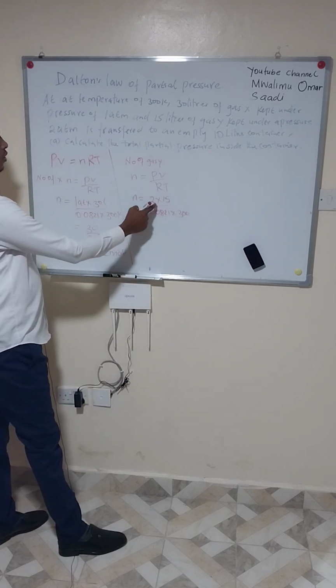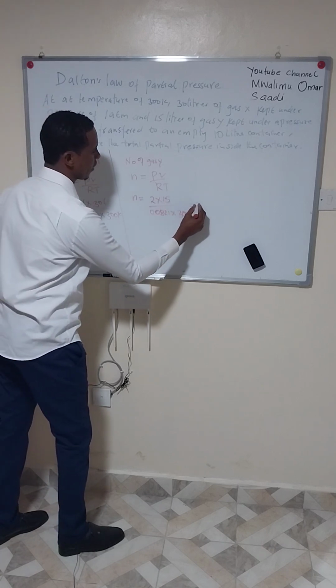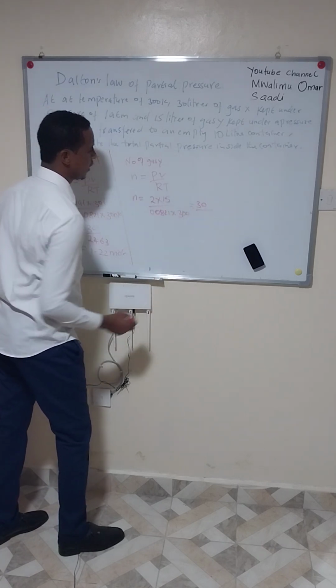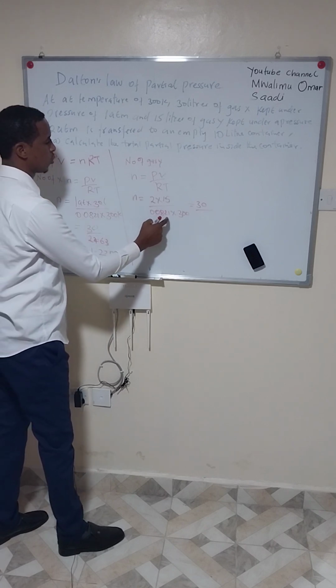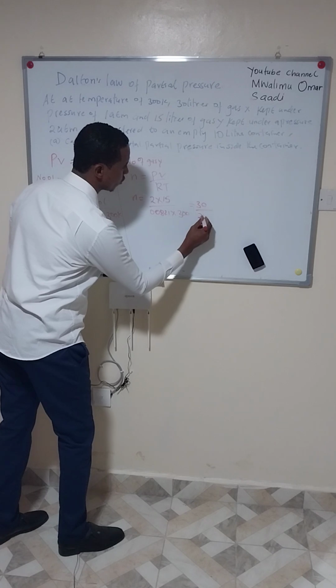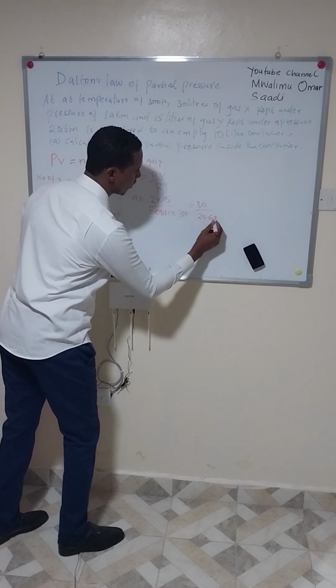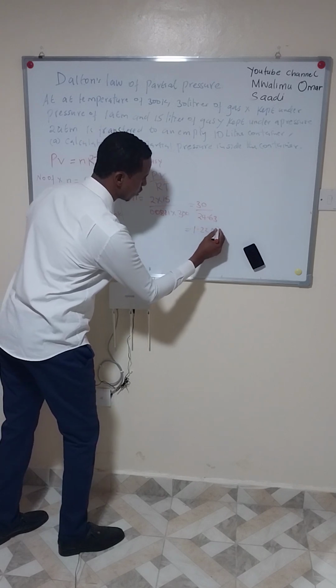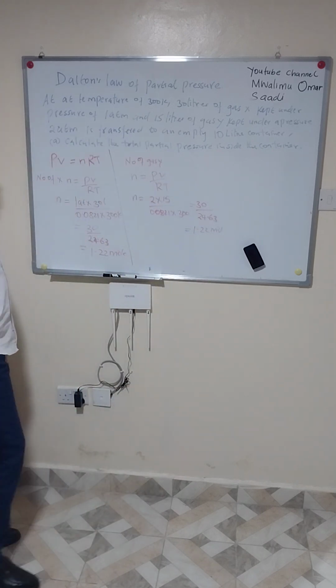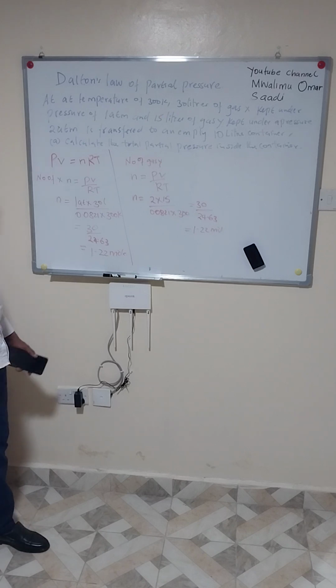So we'll have 2 times 15, that is 30, all over the same answer, because we have 0.0821 times 300, that is 24.63. So we still have 1.22 moles, which means the number of moles of gas Y and the number of moles of gas X is equal.